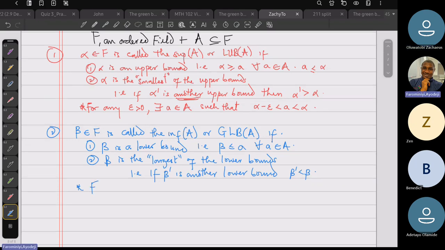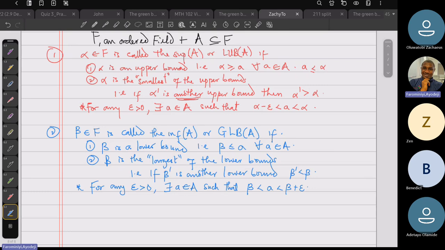So for any epsilon greater than 0, no matter how small it is, there is always an A in A such that when we add something to beta, we will fall into the set.